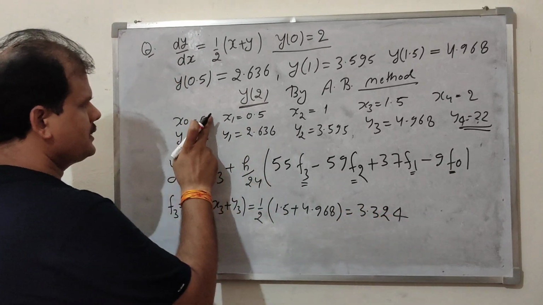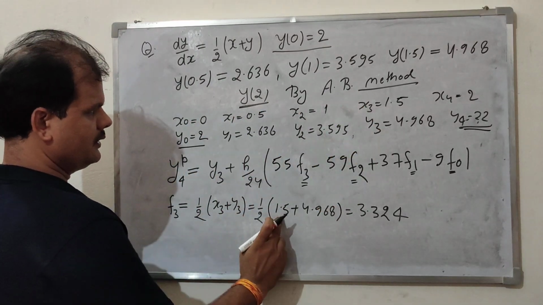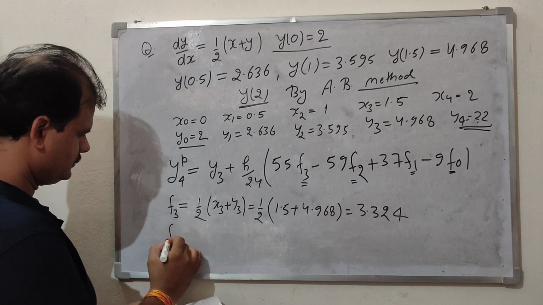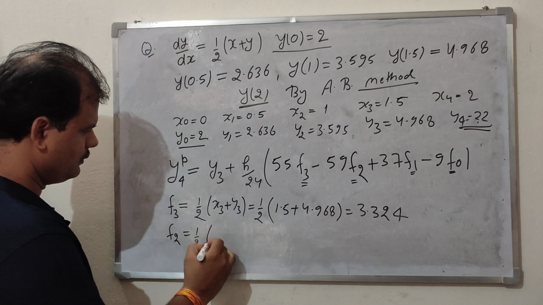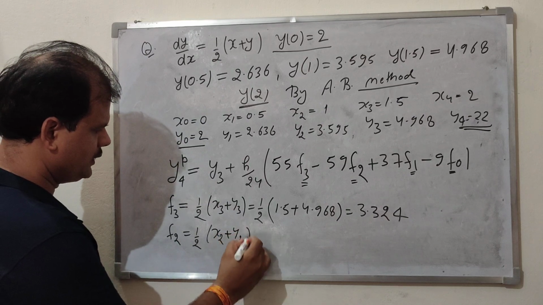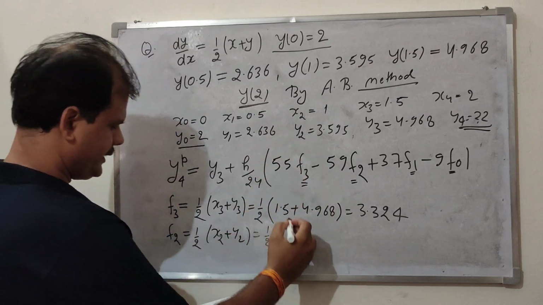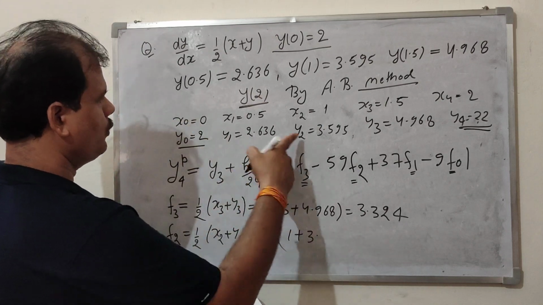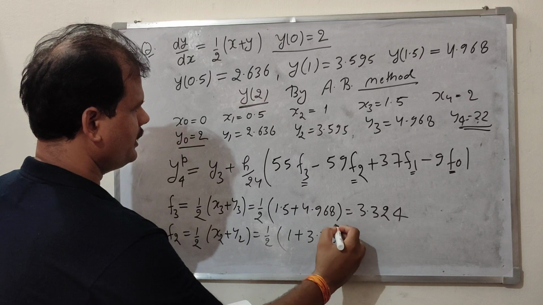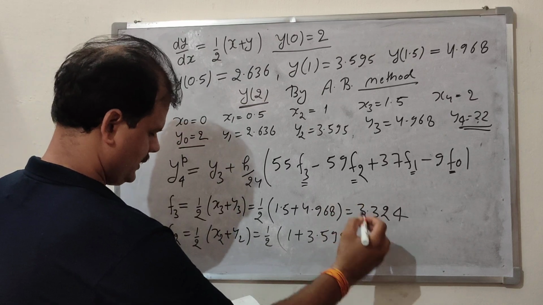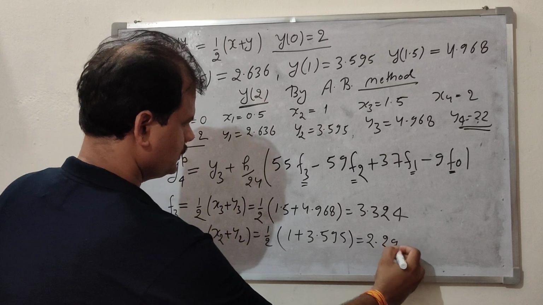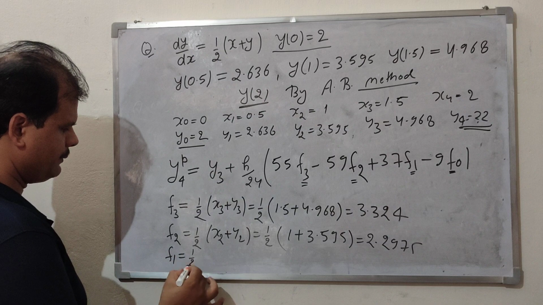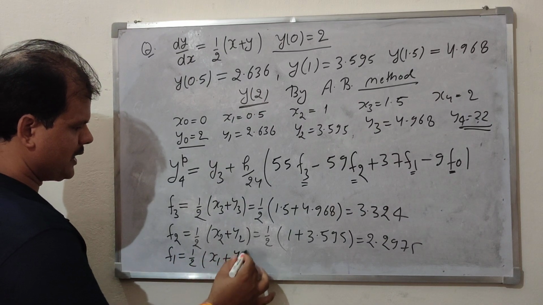So f3 is coming 3.324. Now f2 equal to 1 by 2 x2 plus y2. So 1 by 2 x2 equal to 1, plus y2 equal to 3.595. So f2 equal to 2.2975. And f1 equal to 1 by 2 x1 plus y1.